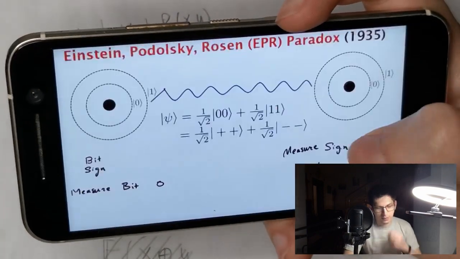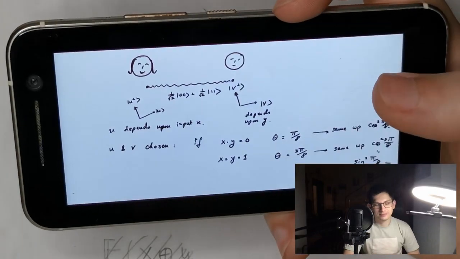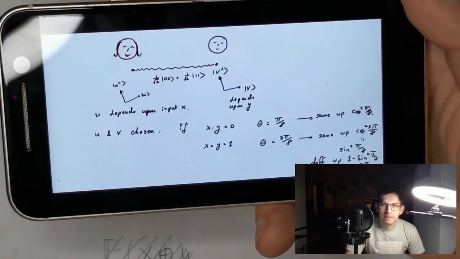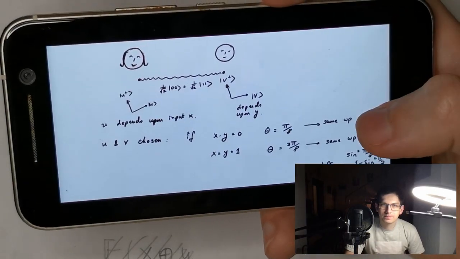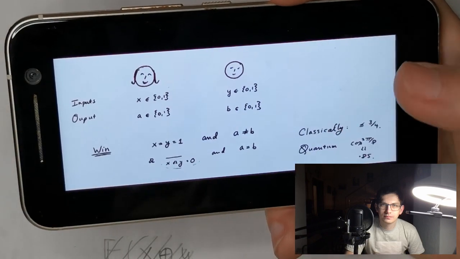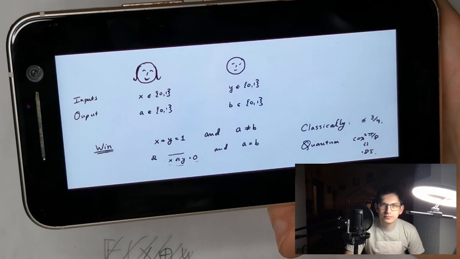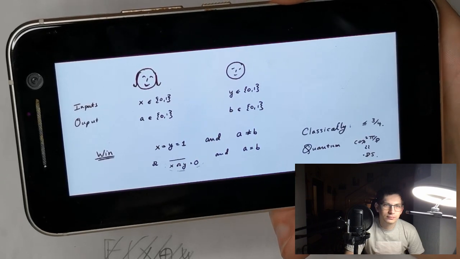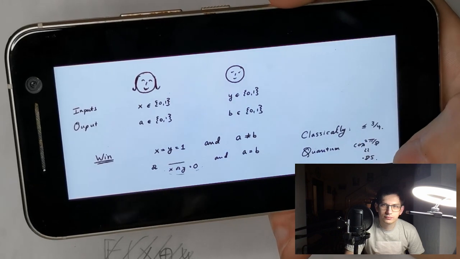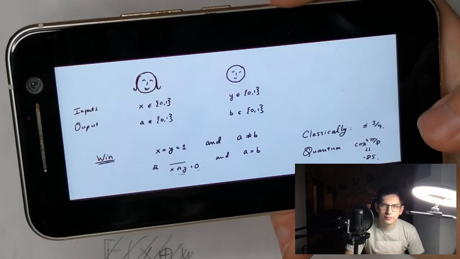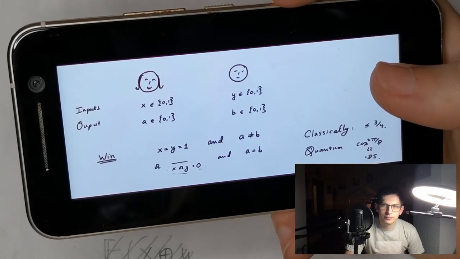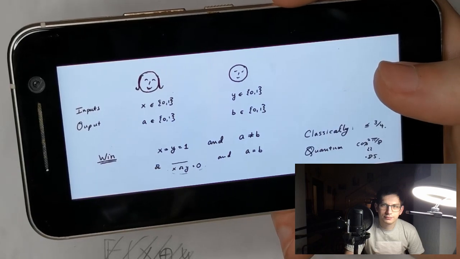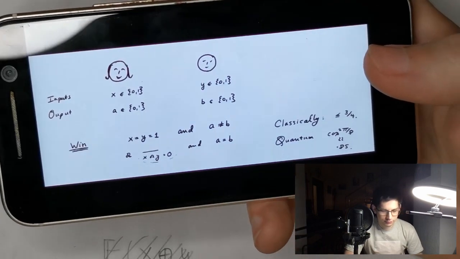So with the classical situation, with the agreement, you can get 75% at maximum. But with quantum tests, you can go over that if the hidden variable exists.